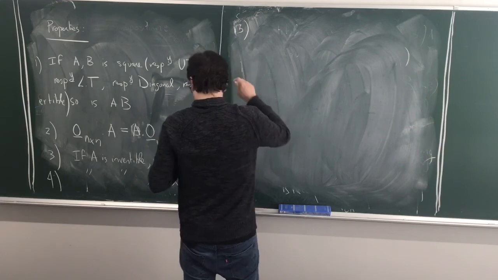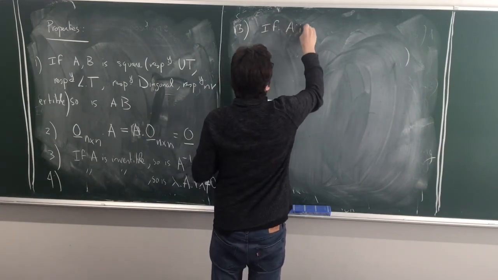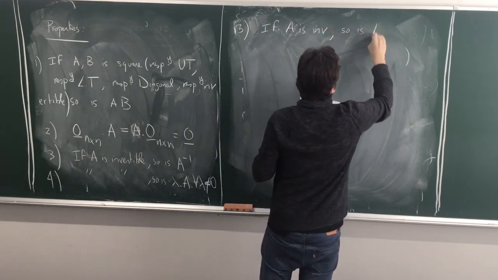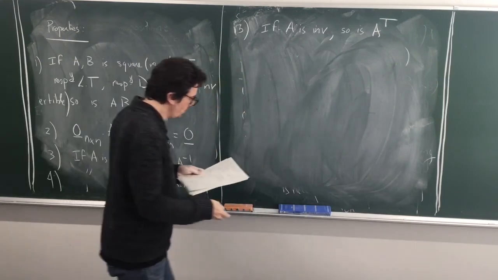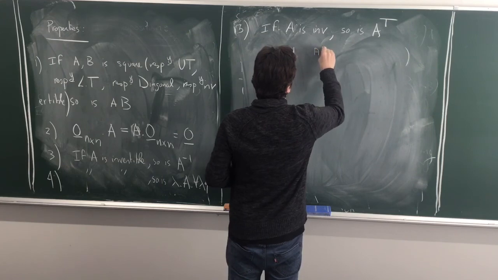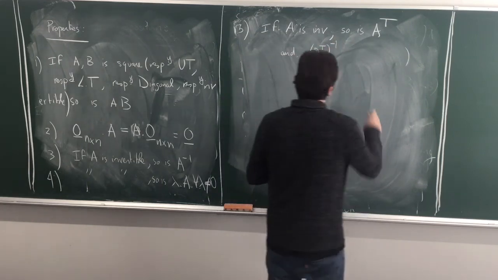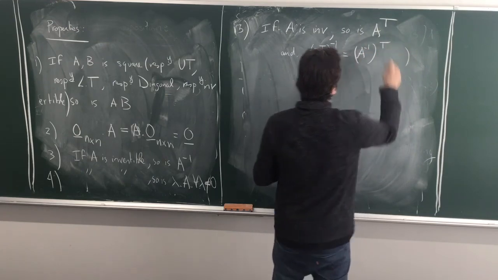Property 5: if A is invertible, so is A transpose, and moreover, what will be the inverse of A transpose? It will be (A^(-1)) transpose.